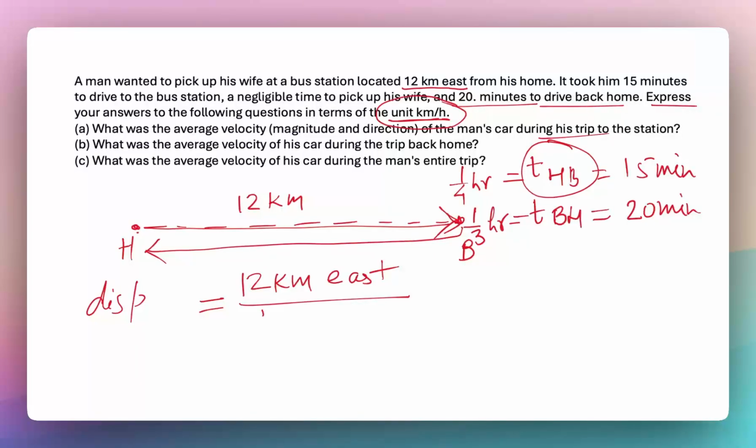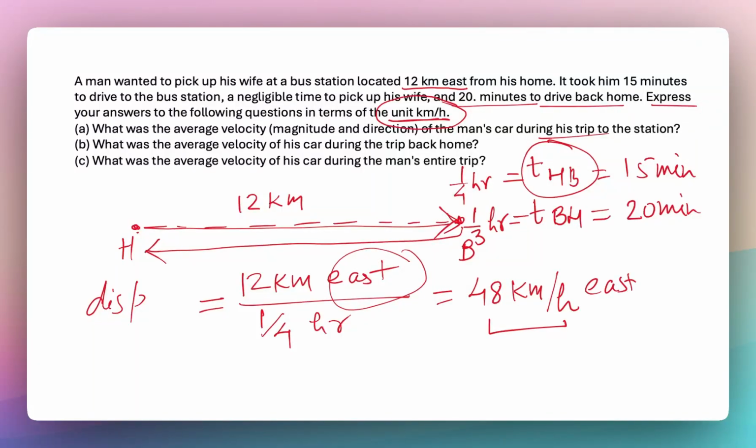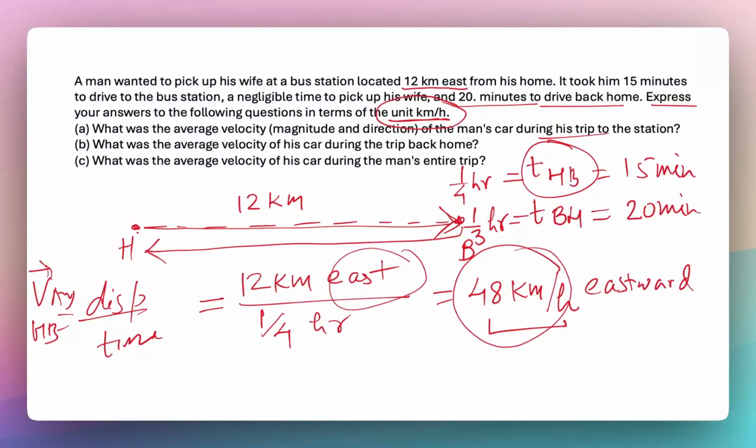Yes, so that is 1 by 4 hours. So this will go upstairs, so 12 into 4 is going to be 48 kilometers per hour. That's the magnitude, and then the direction is eastward. Okay, so this is displacement by time, and we can call it V average, right, from H to B. That's done with a magnitude of 48 kilometers per hour, and the direction is eastward.